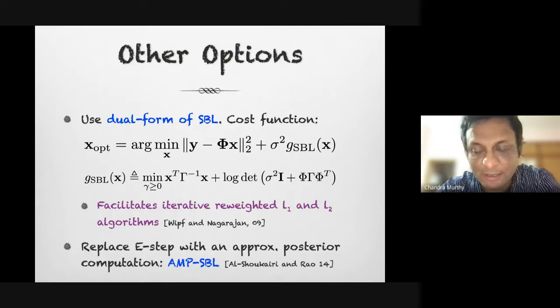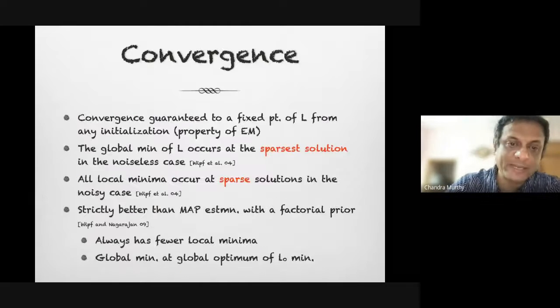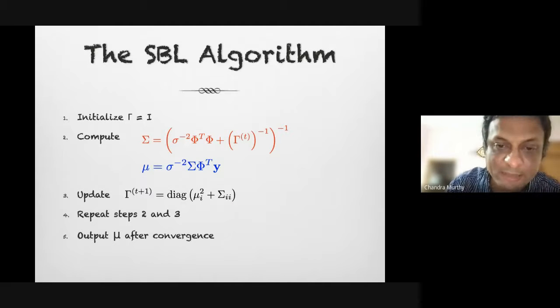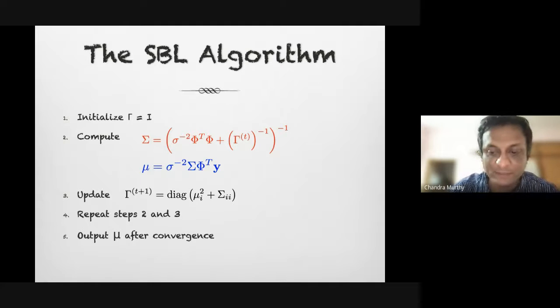And the other approach is to replace the E step. If I go back here, if you look at the E step, it is this step where I'm computing sigma and mu. And notice that the computation of sigma involves a matrix inversion. So this E step is the computationally expensive step of the algorithm.